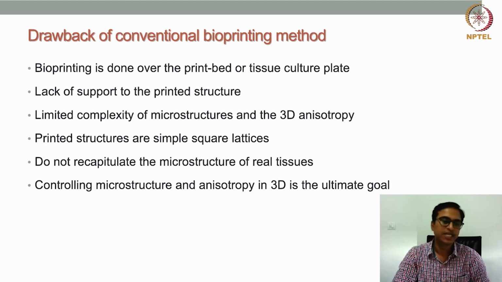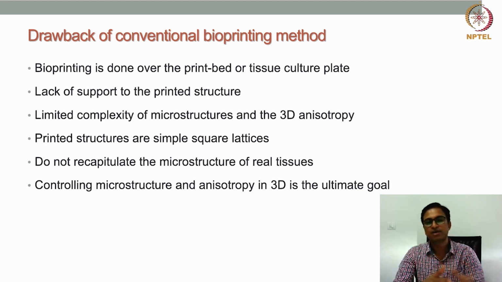Due to that, the structures you see in the literature made with conventional bioprinting methods are mostly very simple. They have very limited complexity of microstructure and 3D anisotropy. But the real native tissue has a very complex microstructure and a 3D anisotropic structure.